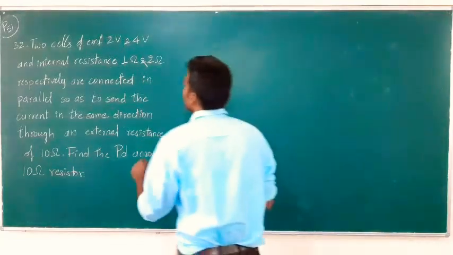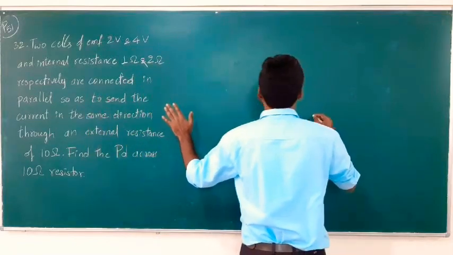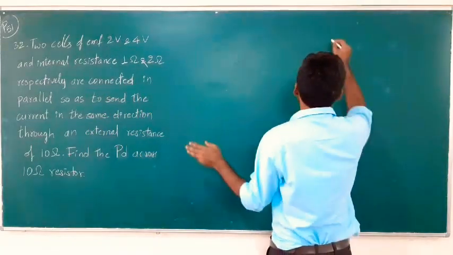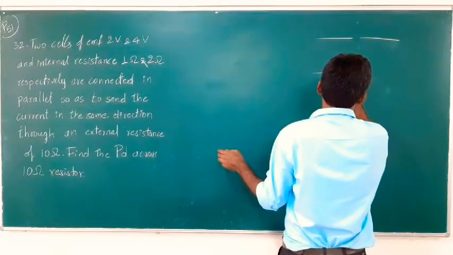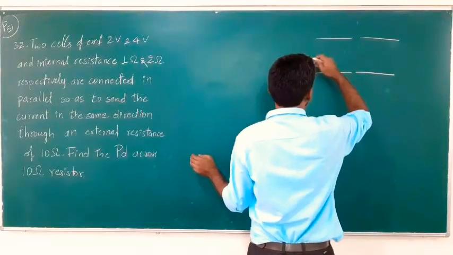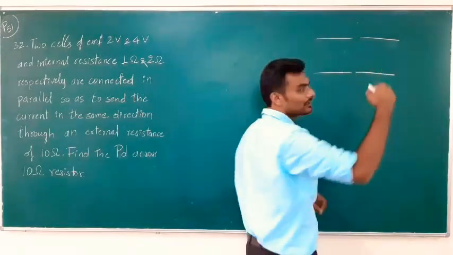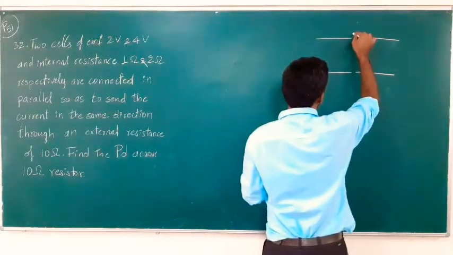So now what we have here is two cells connected in parallel, and they are connected in such a way that the direction of current sent out from each cell is the same.